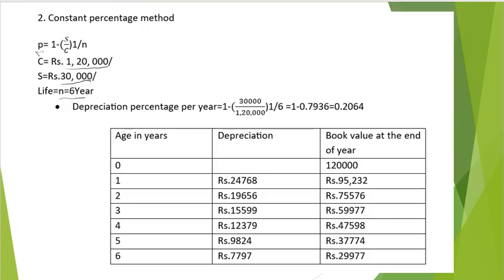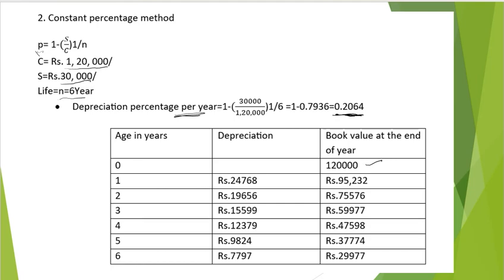N is 6 years. You put all the values: 1 minus 30,000 divided by 1,20,000, raised to power 1 upon 6. You calculate it. This is the percentage per year, which is 0.2064.